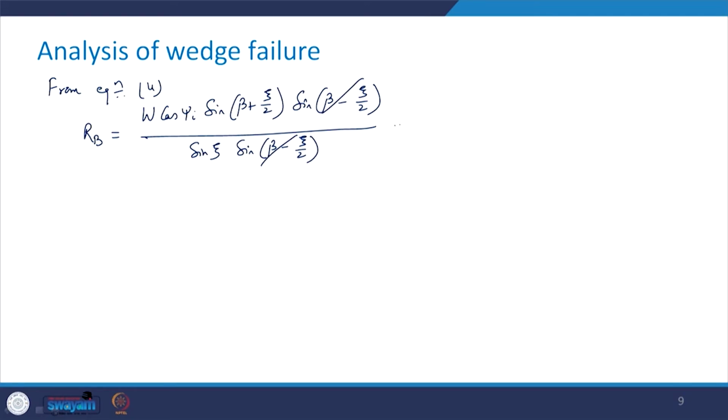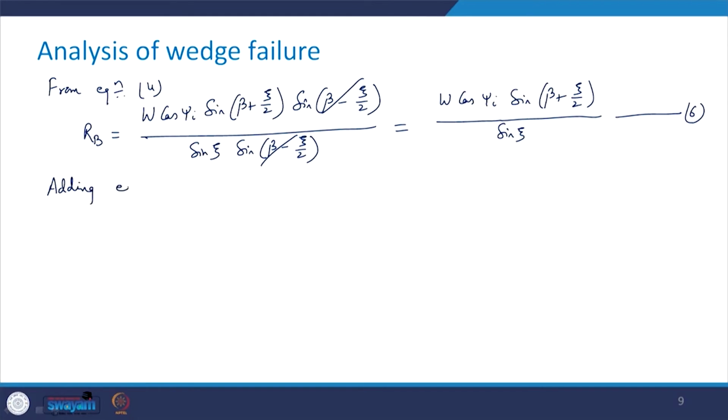So what you are going to get as RB is W cos psi i sin of beta plus zeta upon 2 divided by sin zeta. I mark this equation as equation number 6. Now what we do is we add equation number 5, which was the expression for RA, and equation number 6, which is the expression for RB.